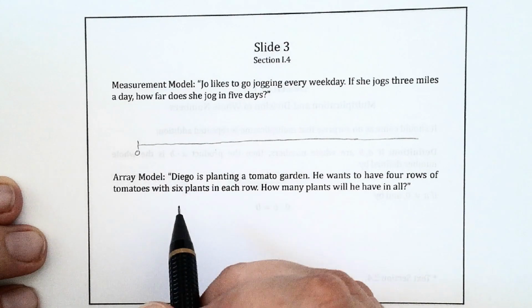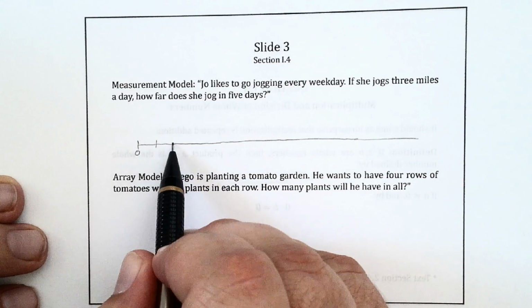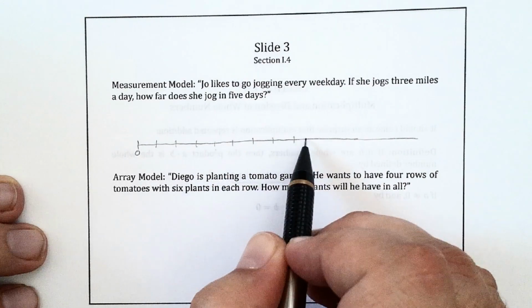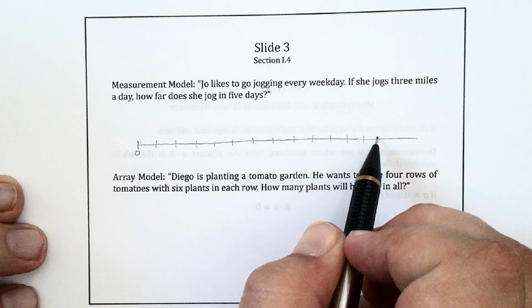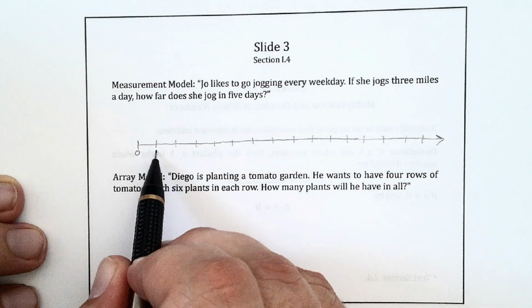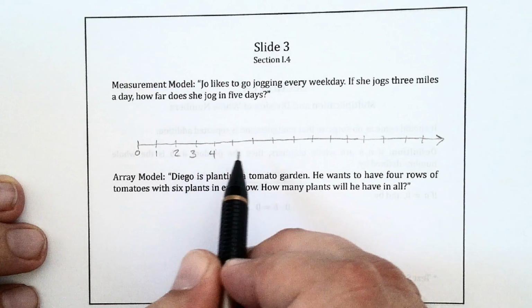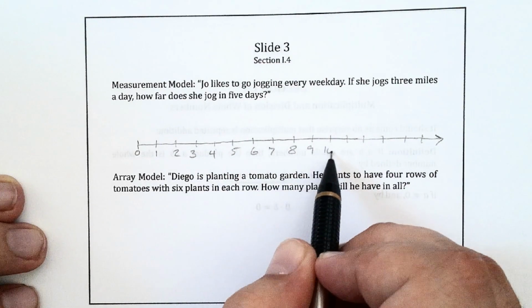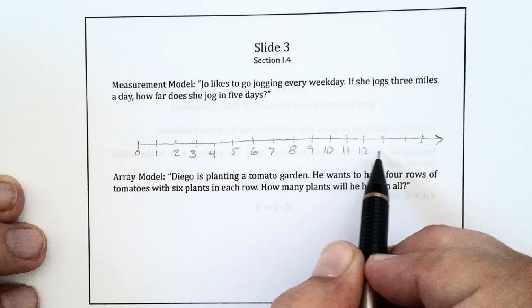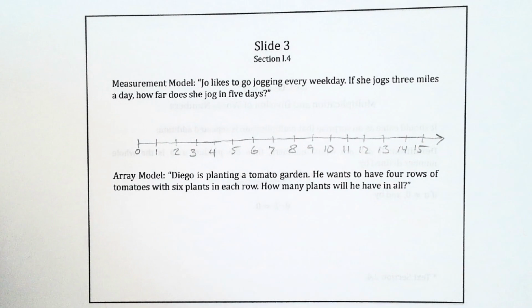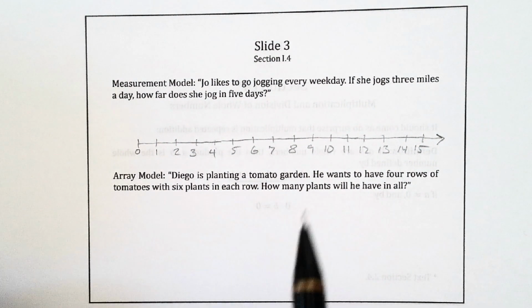Remember, always start your number lines at 0. Okay, and what we're trying to illustrate here is 5 groups of 3.